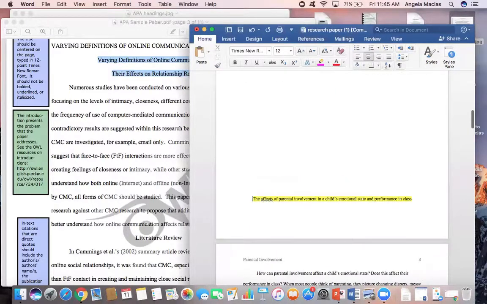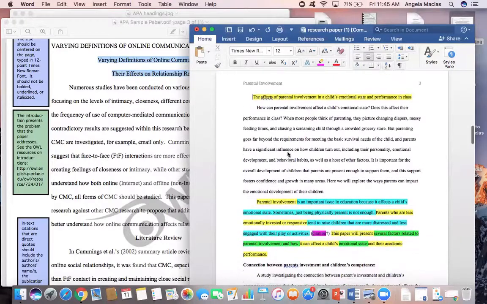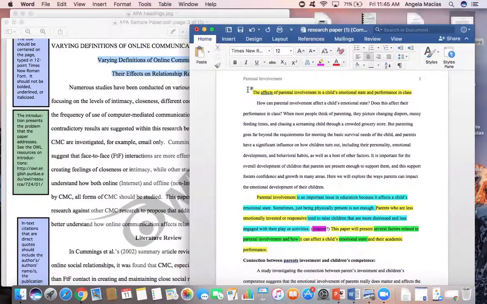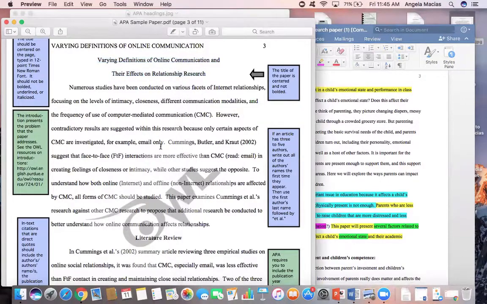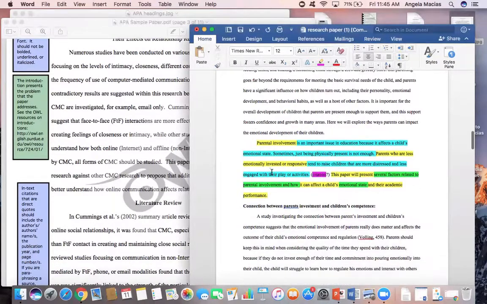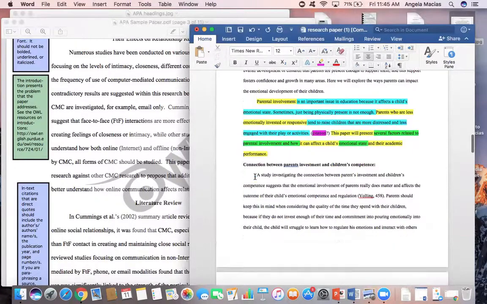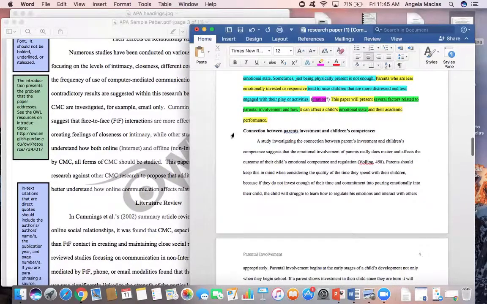You should probably just insert it, but for the sake of time, I've got my heading up here. I would have to add my capital letters, just like they did here. And I usually have an introduction, maybe one or two paragraphs and a thesis statement, or some kind of really clear goal for what the paper is. And then I might have my first level 1 heading.